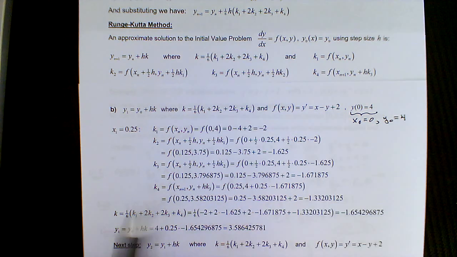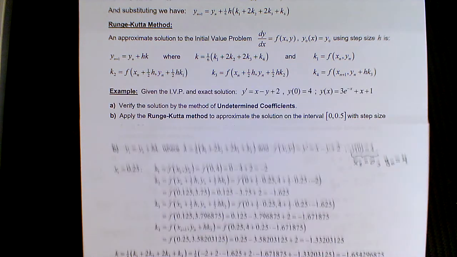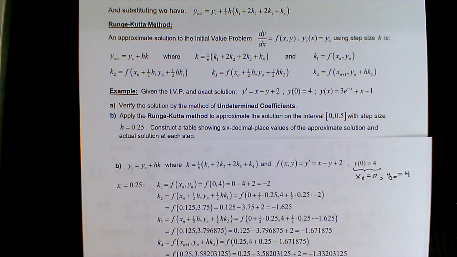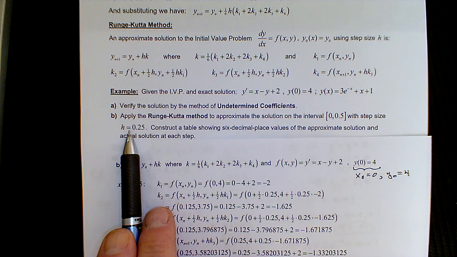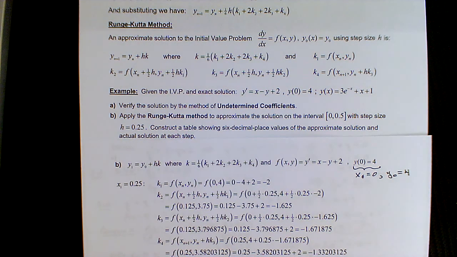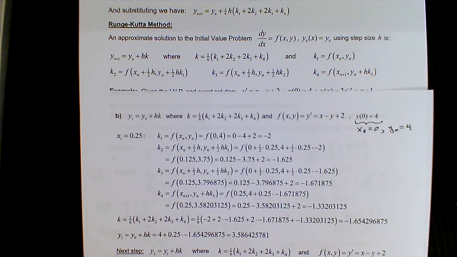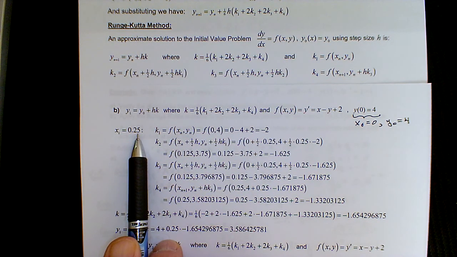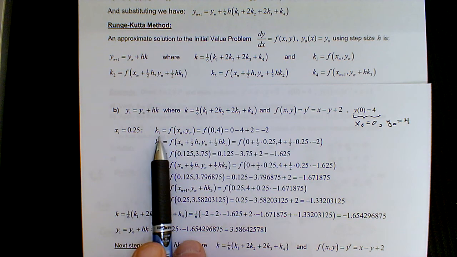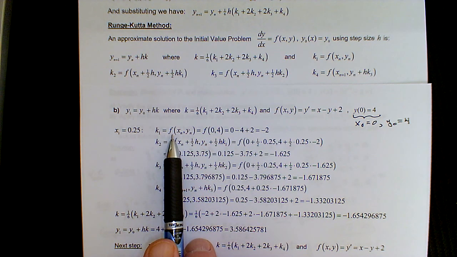So our first step, if you read the directions here carefully, says 0 to 0.5 with the step size of 0.25. So our first step is going to be 0.25 for our first x value. K1 is the function.